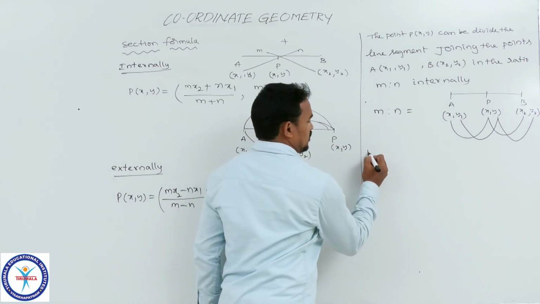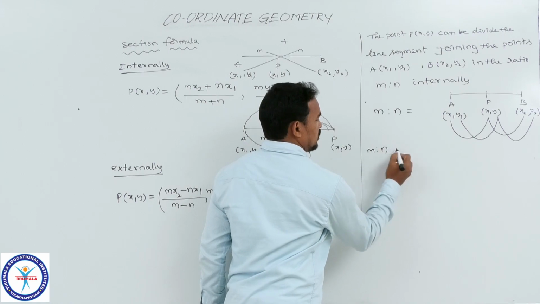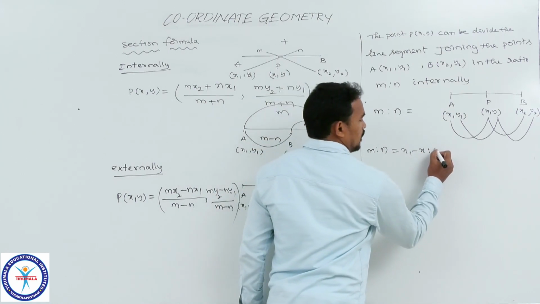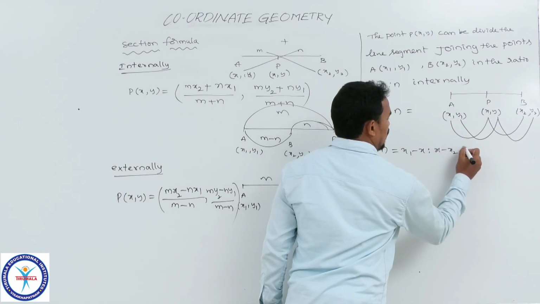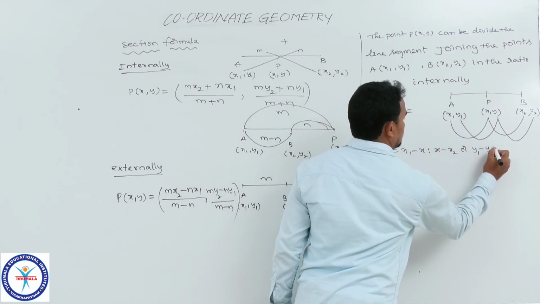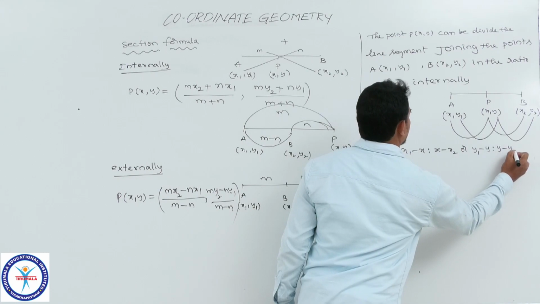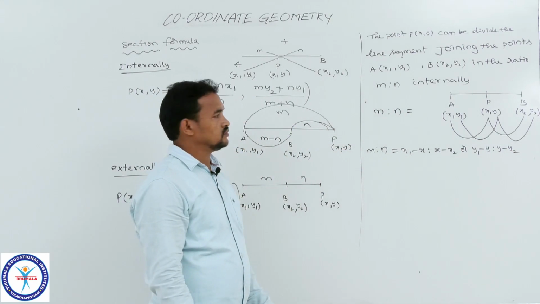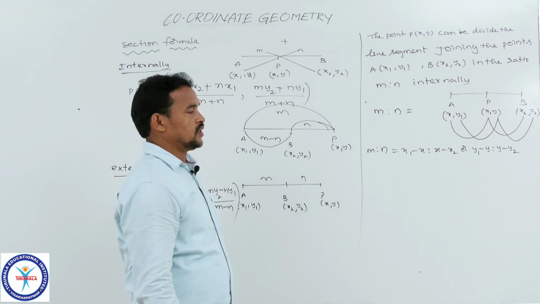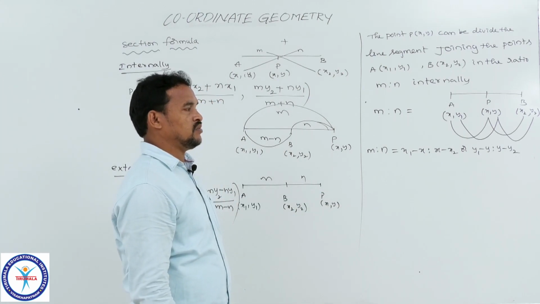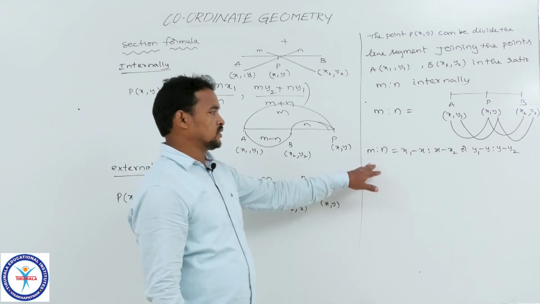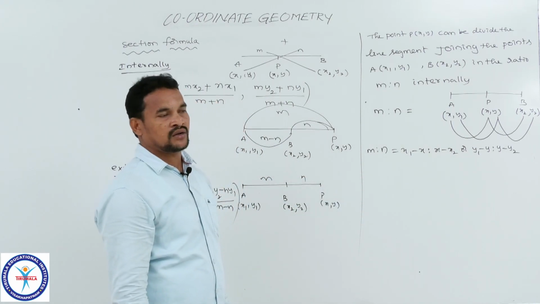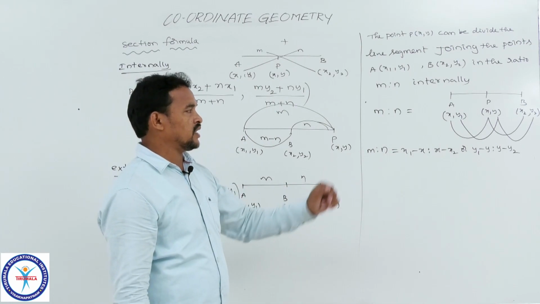Here m is to n is nothing but x1 minus x is to x minus x2 or y1 minus y is to y minus y2. It's the shortcut method to find the ratio. If the point P divides the line segment AB internally, the ratio m is to n is x1 minus x is to x minus x2 or y1 minus y is to y minus y2.